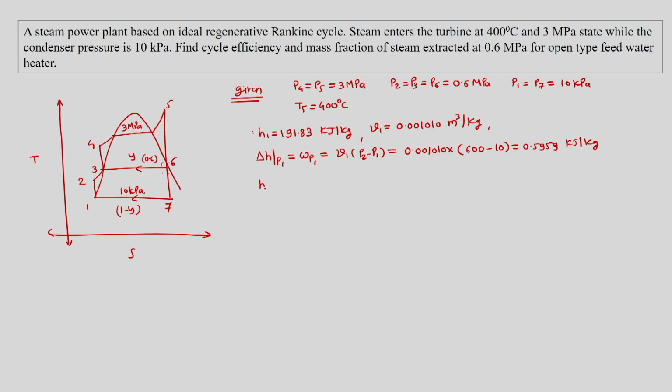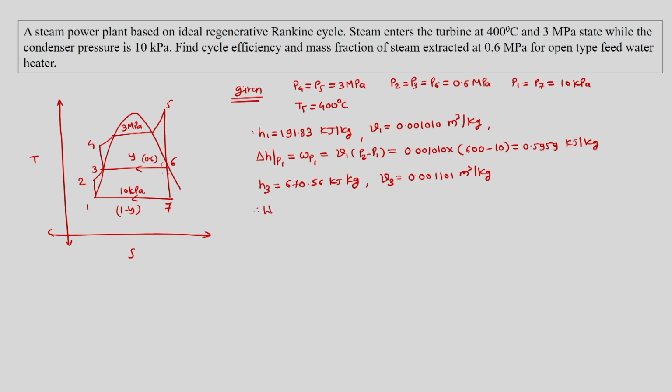Now, we can find H3, which is the liquid saturation enthalpy at state 3, or 0.6 megapascal, and H3 is equal to 670.56 kilojoule per kg. Similarly, specific volume at state 3 is equal to 0.001101 meter cube per kg.